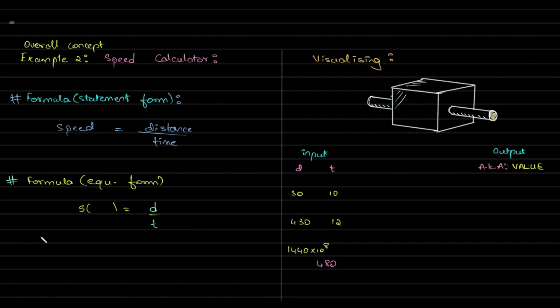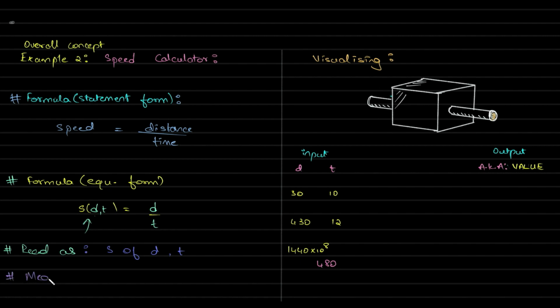We have this, but yes, we need to write it in this way, indicating that speed is dependent on distance and time, right? It is read as S of D comma T. What does it mean?